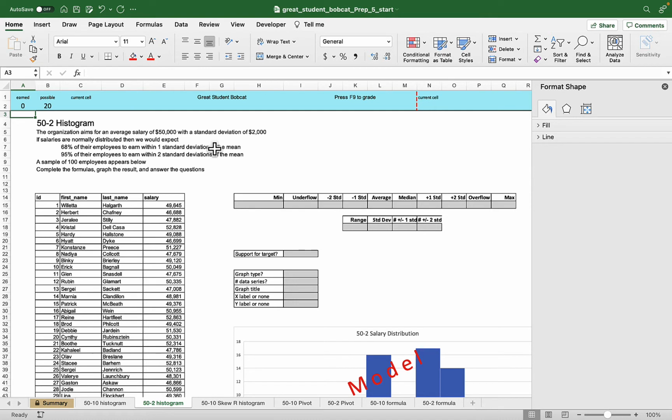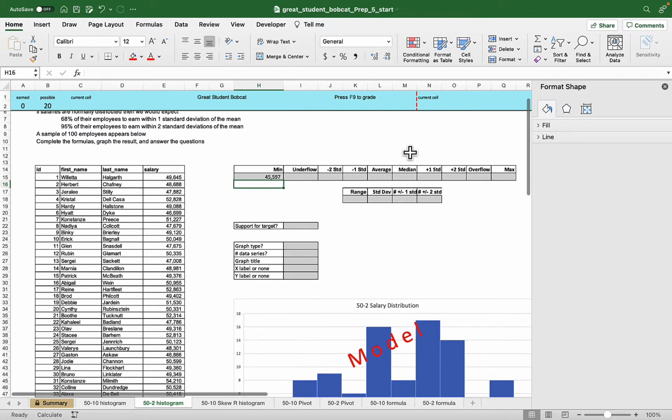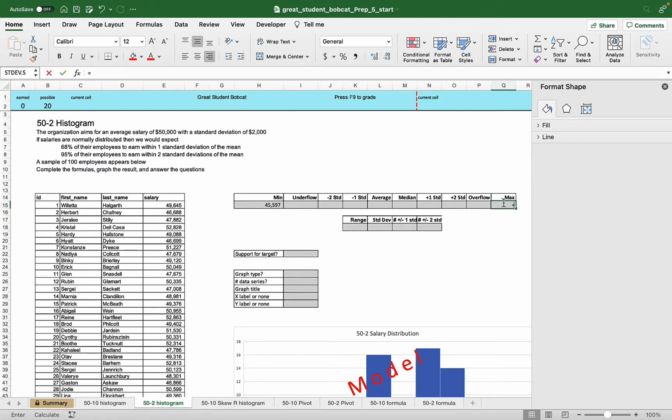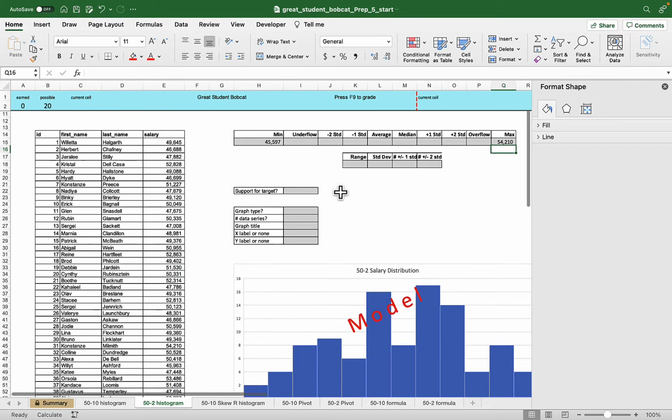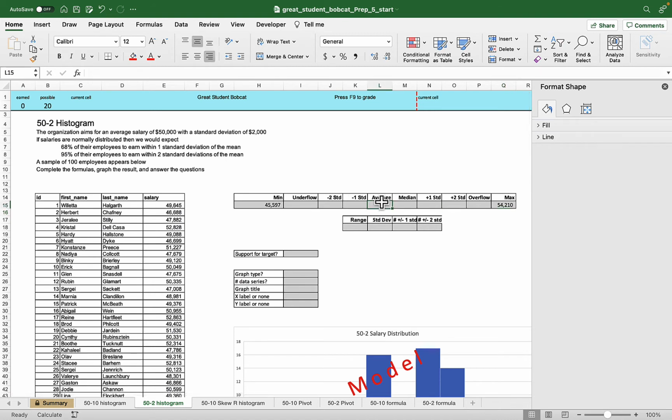So same kind of problem, except we're doing 52 rather than 50-10. So the minimum salary, the maximum salary, the average or mean, kind of use those terms interchangeably.